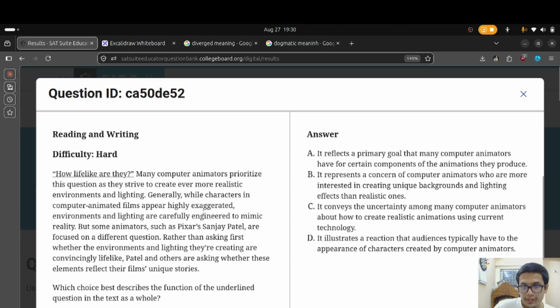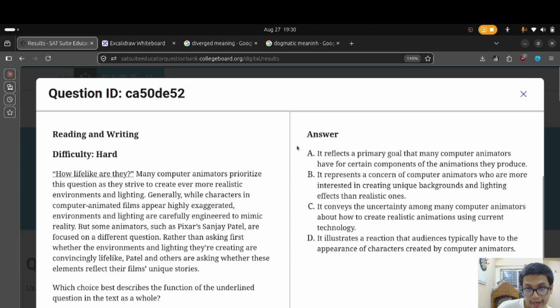Option C, it conveys the uncertainty among many computer animators about how to create realistic animations using current technology. Option D, it illustrates the reaction that audiences typically have. They didn't mention anything about audience.